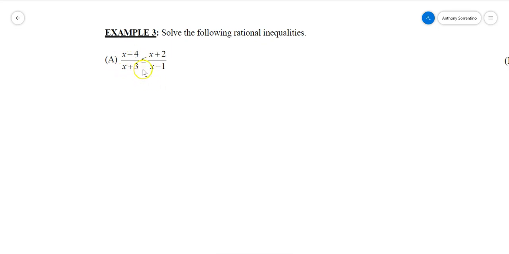When I cross multiply, that essentially means I'm multiplying both sides by this x plus 3. If I multiply both sides by x plus 3 and it's positive, nothing's going to happen to that inequality. If it's negative, it's going to change the inequality around, and that's going to start changing whether or not I interpret it as an and statement or as an or statement.